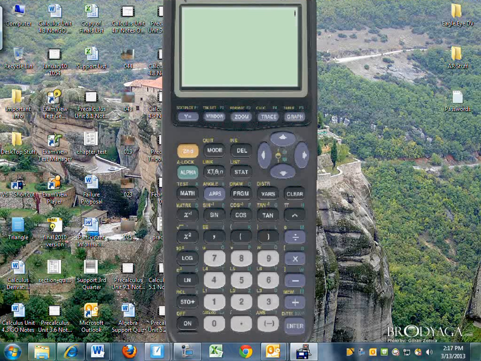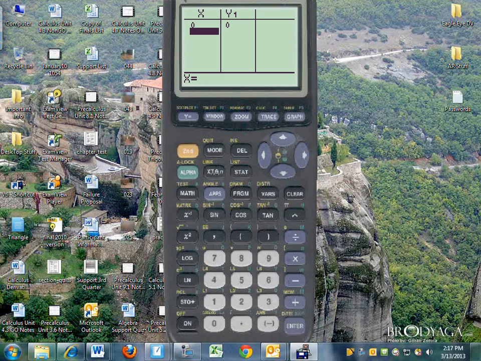If I go to the table, I'm going to punch in some numbers and generate some values. As you can see right now, I've got 0, 1, 2, 3, 4, 5, 6, because my table is set on auto. Set to ask. Okay, here we go. The tangent of 0 is 0.